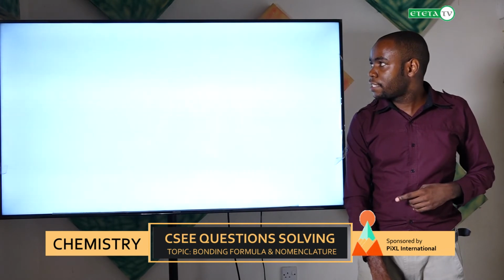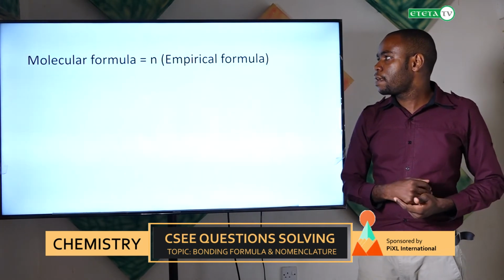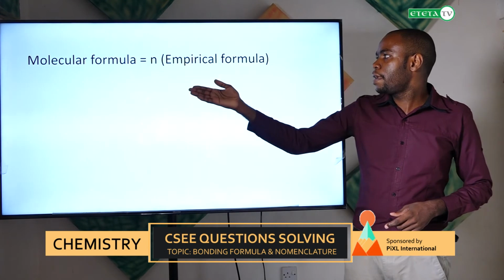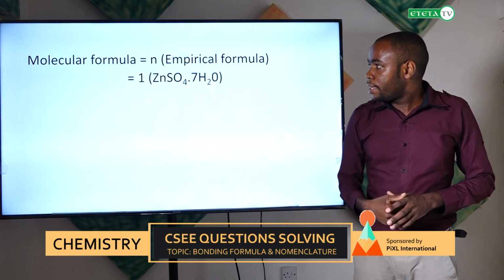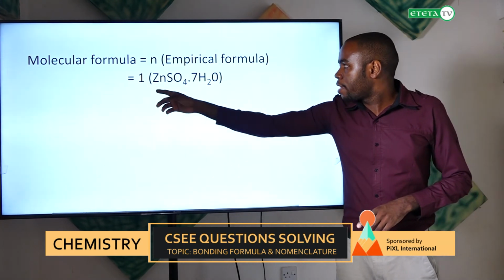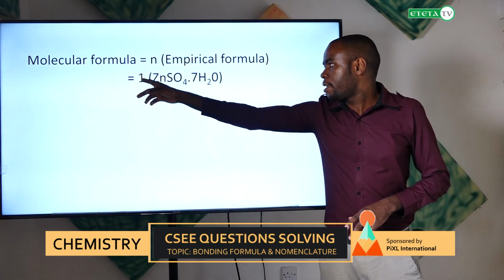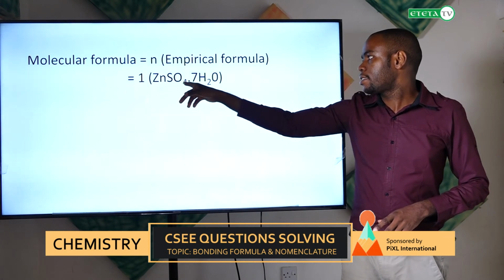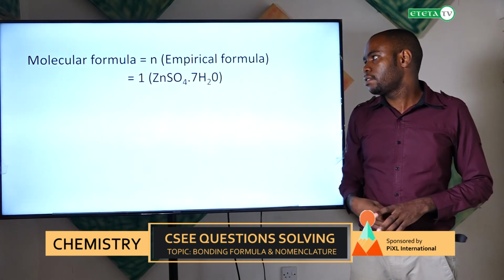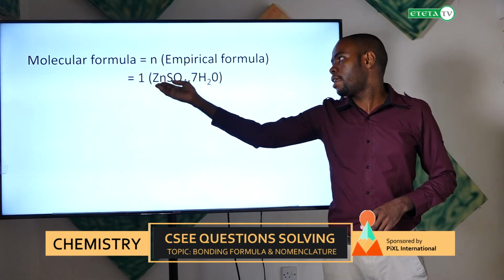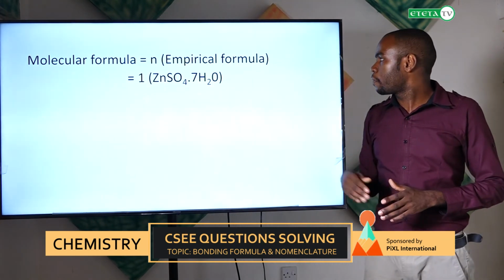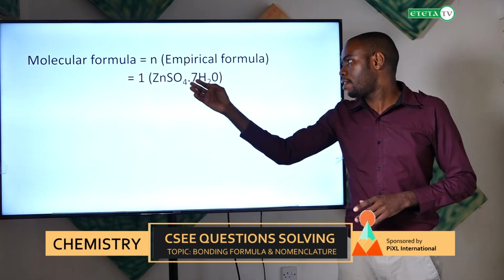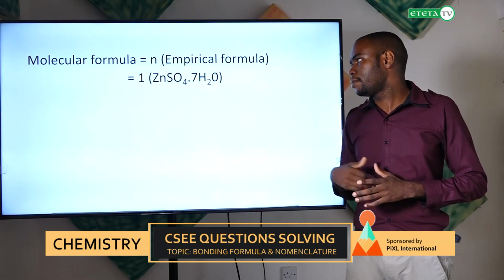For that matter, to determine the molecular formula, we use the formula: molecular formula is equal to n times the empirical formula, where n is 1. Then we multiply by zinc sulfate heptahydrate. So 1 times 1, 1 times 4, 1 times 2, all of them equal 1; 1 times 7 is equal to 7; 1 times 1 is equal to 1.